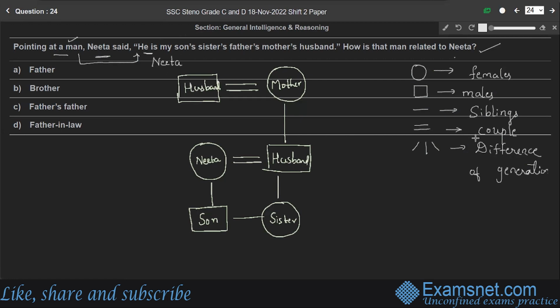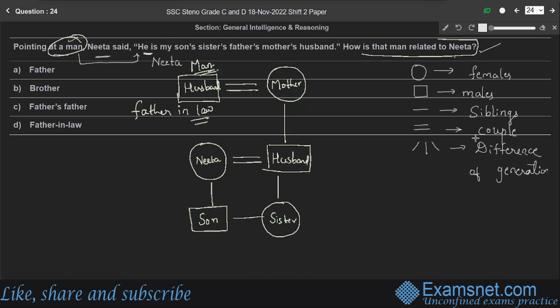So he is Neeta's mother-in-law's husband, Neeta's father-in-law. He is that man. So how is that man related to Neeta? This man is related to Neeta as father-in-law.